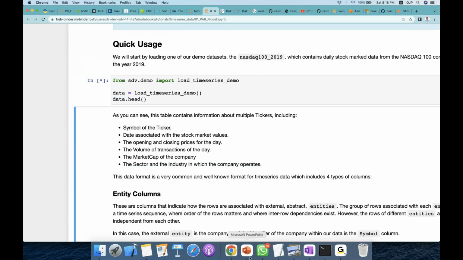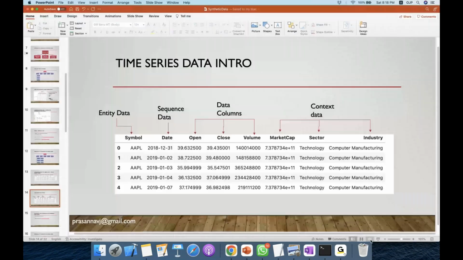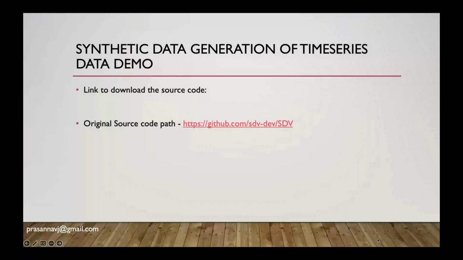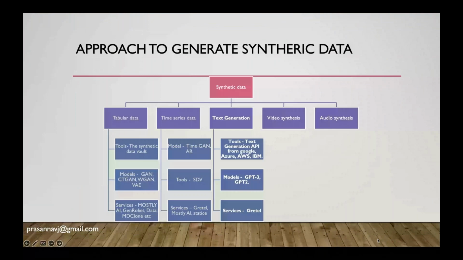Okay. So coming back, this is how you work on time series specific data and generate time series data. So these are the two items that we looked at. The next is text generation. What is the purpose of text generation? Here, text generation is used for your chatbot creation, or when you want to build a machine learning model which can do some conversational activities. For that, you may require a specific set of textual data to be generated, but this data does not need to be the original data that you already have.